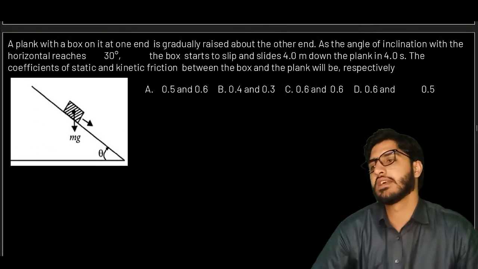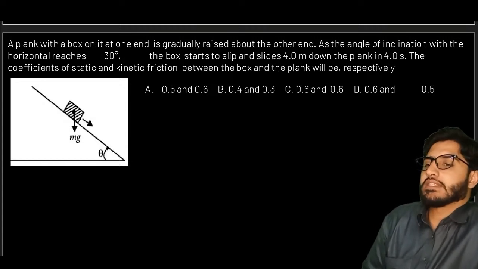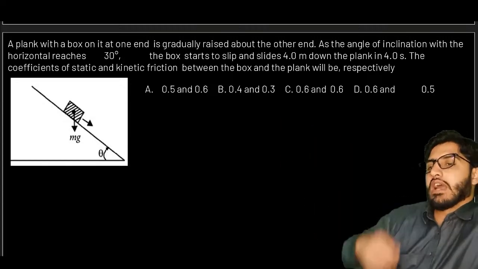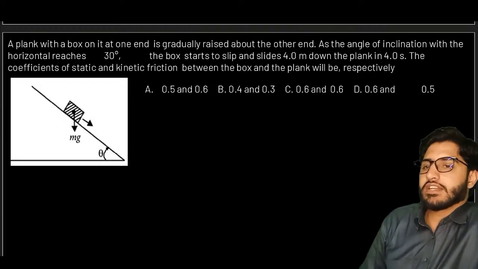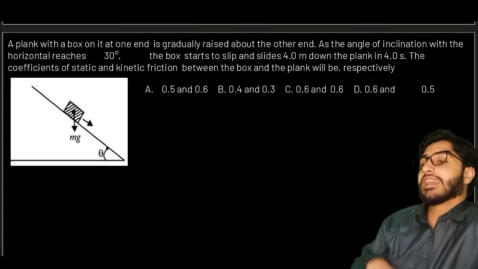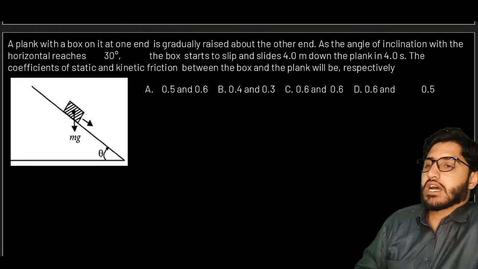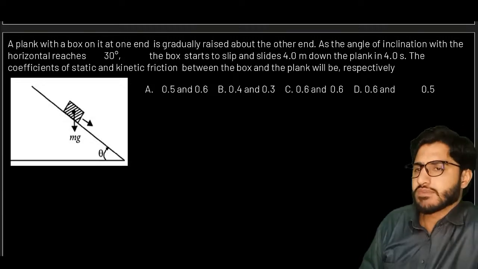We can do like this. A plank with a box on it at one end is gradually raised about the other end. As the angle of inclination with the horizontal reaches 30 degree, maximum one, angle of repose, the box starts to slip and slides 4 meters down the plank in 4 seconds. Displacement is given, time is given.